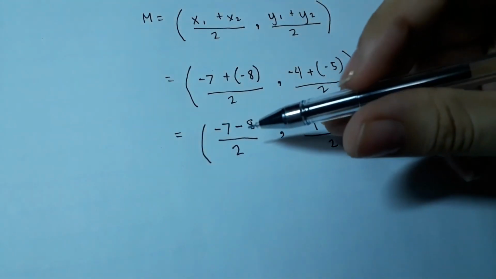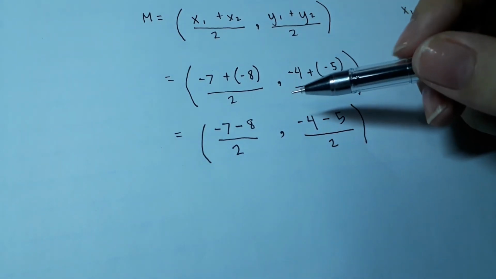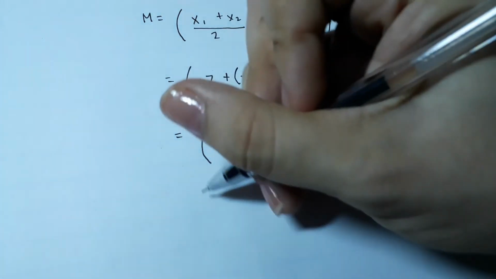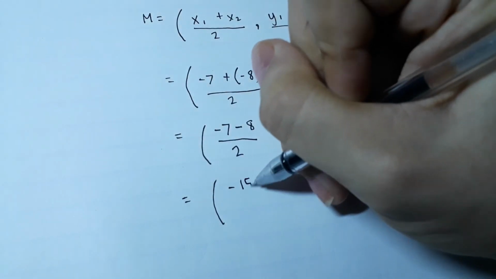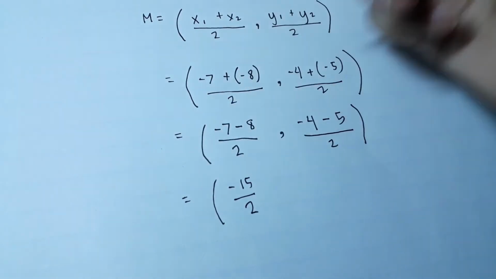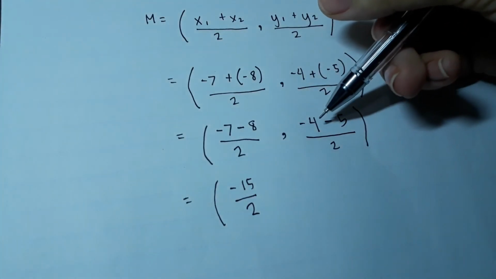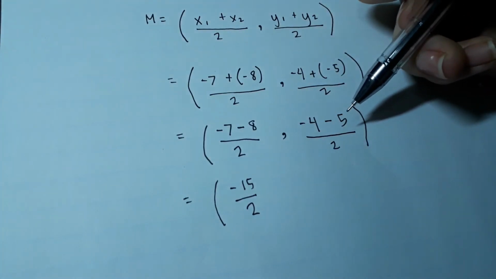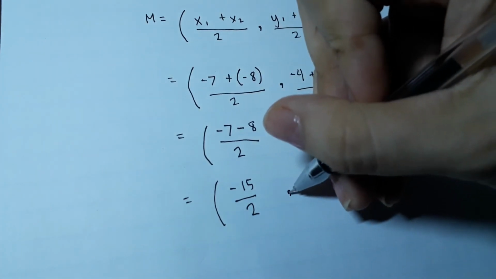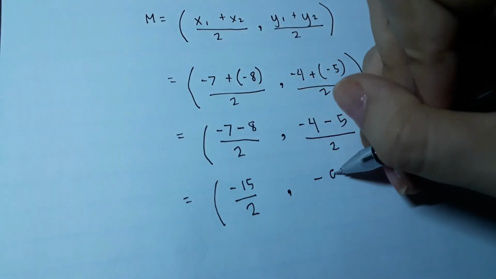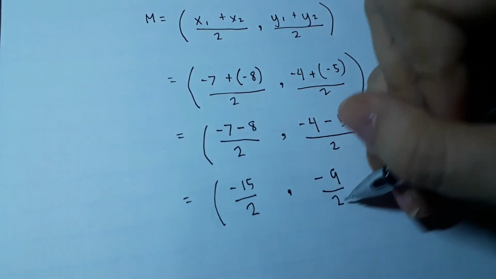Negative 7 minus 8 is negative 15. So let us write negative 15 divided by 2. Now negative 4 minus 5 is equal to negative 9. So negative 9 over 2.